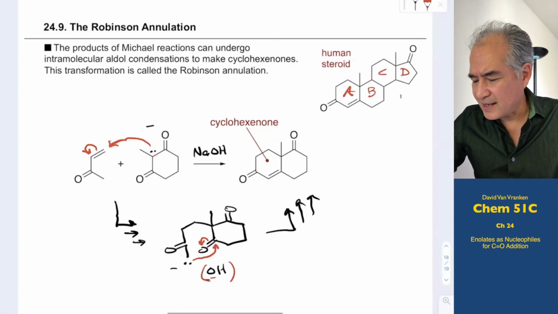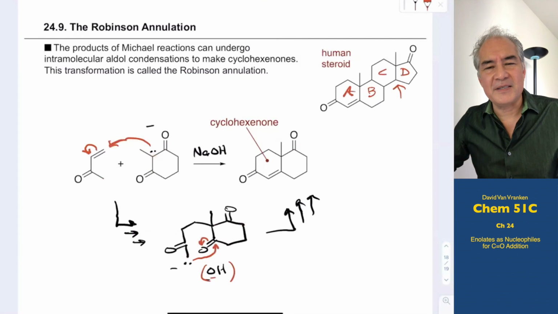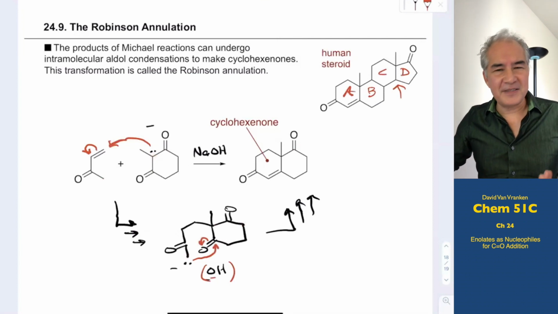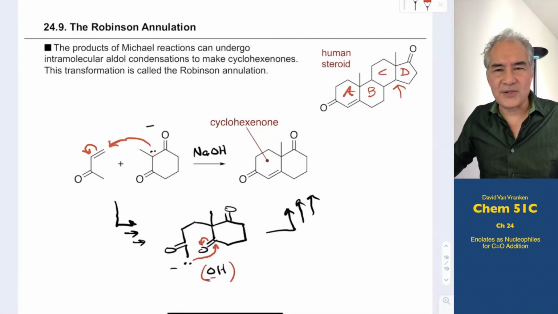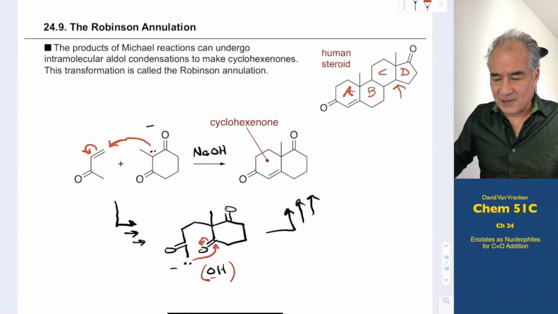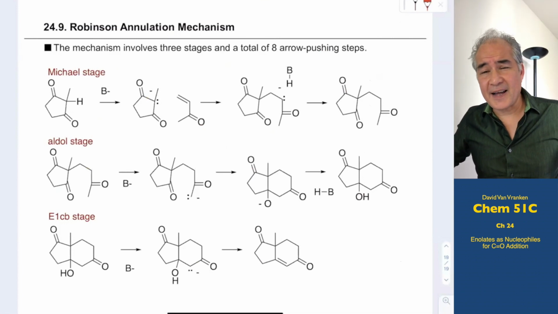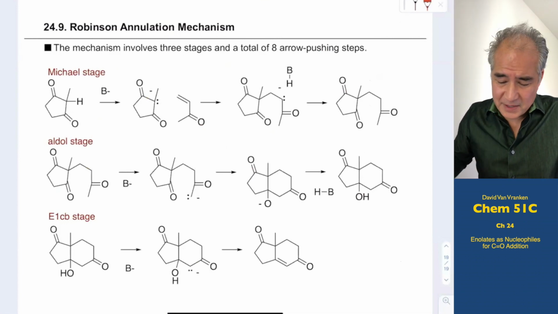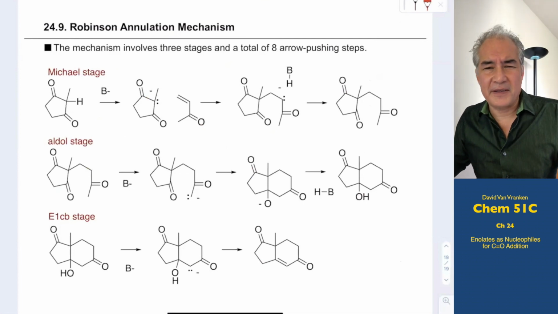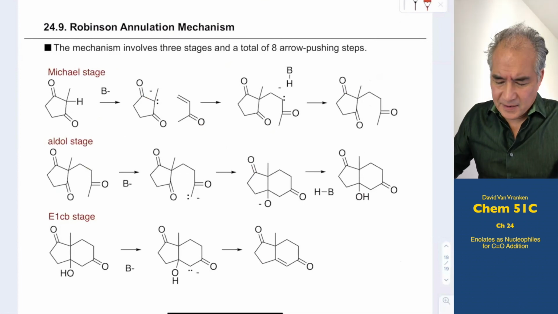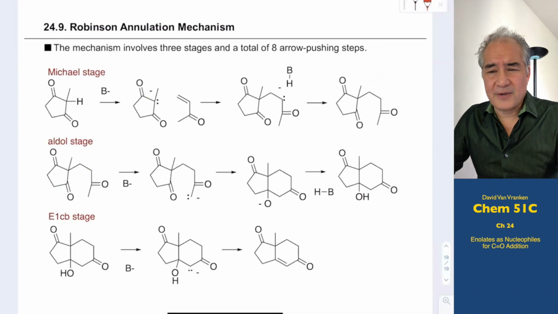So let's go ahead and use that example. How would you synthesize this 6,5 ring system, the CD ring system of the steroid, using this same Robinson annulation? And this will give us a chance to walk through the mechanism for the Robinson annulation. And it is a long mechanism. So on this slide, I've put for you the structures, and we can just fill in the arrow pushing here. There are 3 mechanistic stages to the Robinson annulation.